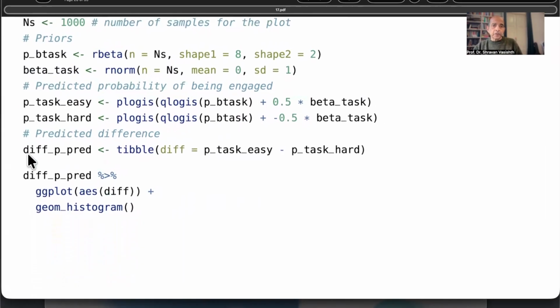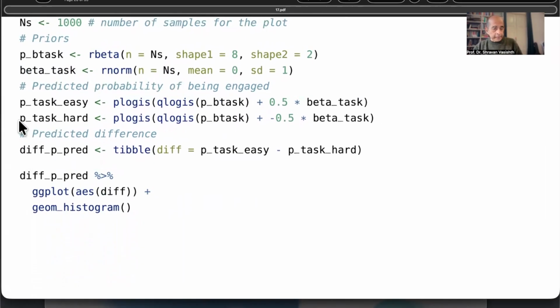And then what we are doing is producing a vector of 1000 probabilities, 1000 because we're going to produce 1000 simulated data points for the easy and the hard task.